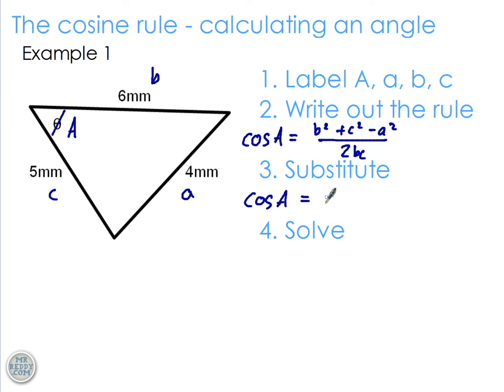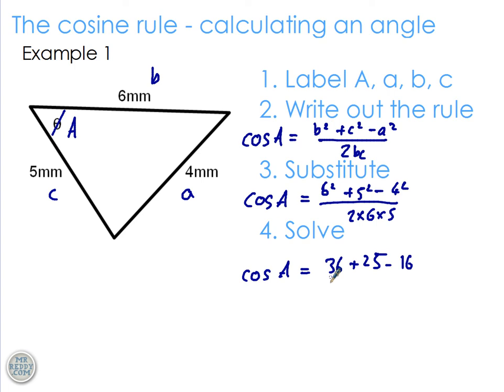Cos of A is equal to 6 squared, that is a 6 not a b, plus 5 squared minus 4 squared all over 2 times 6 times 5. Start to solve it and we get cos of A equals 36 plus 25 minus 16 all over 60. That top line works out to be 45 over 60.